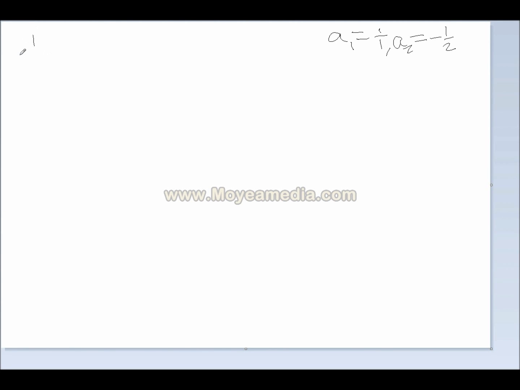So negative 1 over x plus 1 squared equals, of course, 2 a sub 2 plus 6 a sub 3 x to the first plus 12 a sub 4 x squared. Okay. So let's keep going and derive once more.